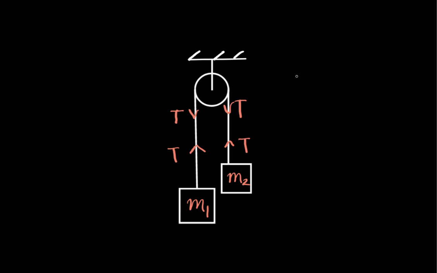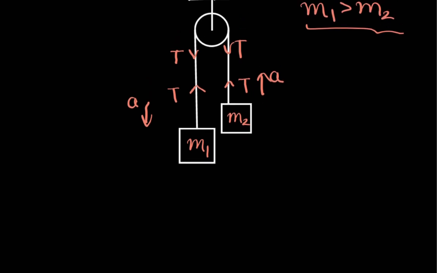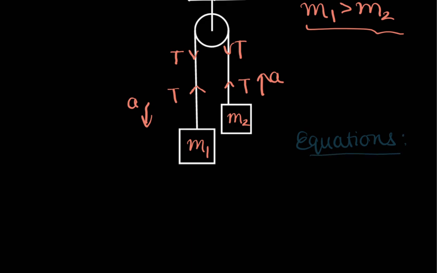Let's say m1 has a greater mass than m2, so that the acceleration is like this. Then we can frame the equations simply.